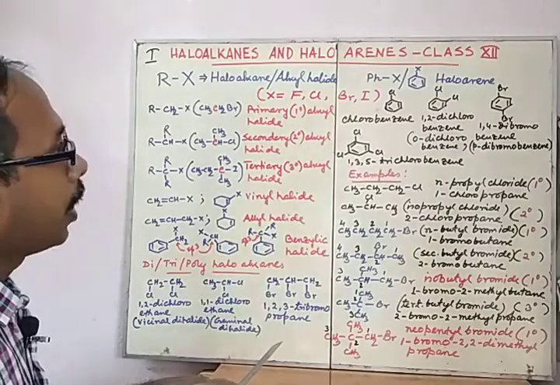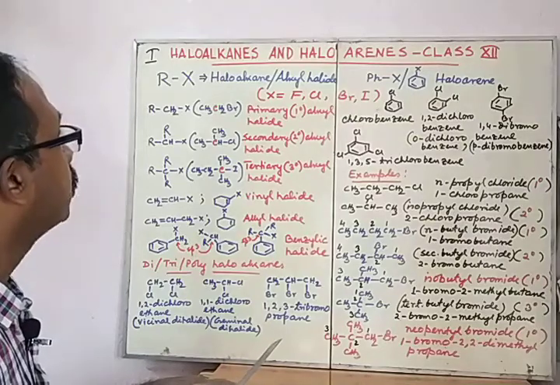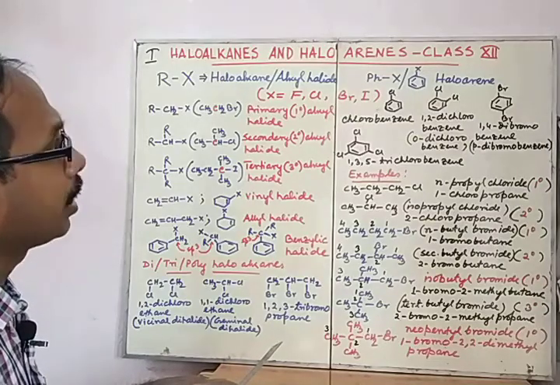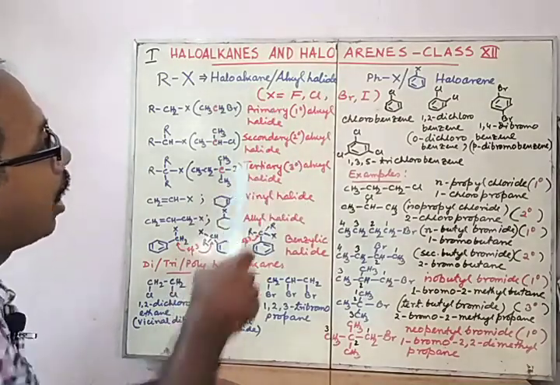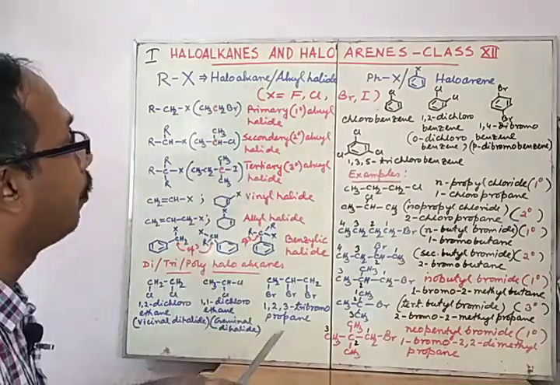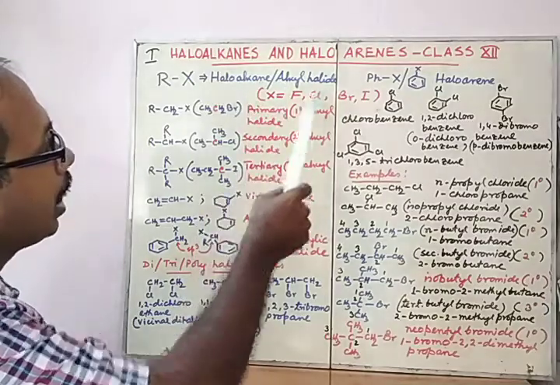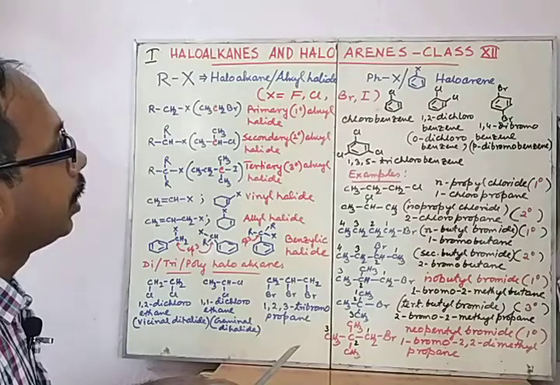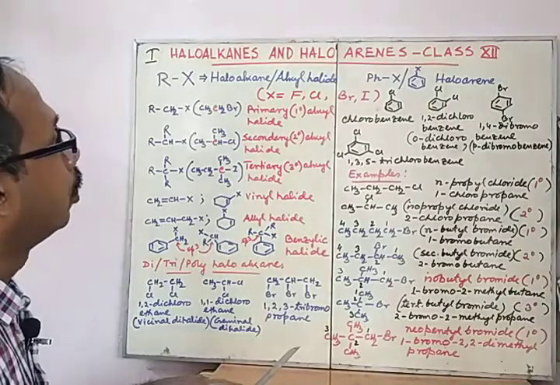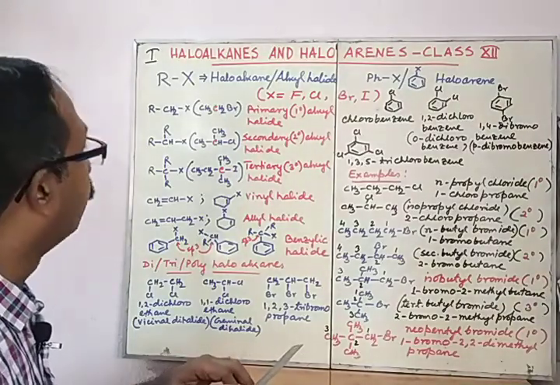Now let us find a few structural features of haloalkane and haloarene. So haloalkane is the IUPAC name; alkyl halide is the way of explaining the common name of these halogen compounds.